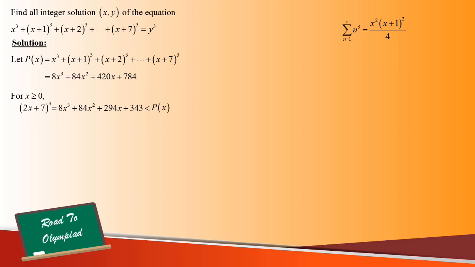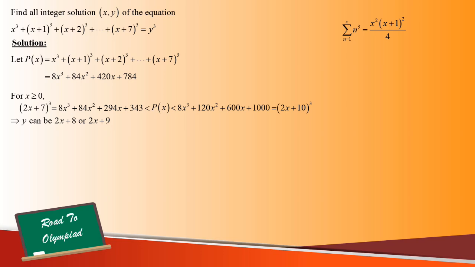Also, P(x) is smaller than (2x+10) cubed for the same reason. Since P(x) is between (2x+7) cubed and (2x+10) cubed, y can only be 2x+8 or 2x+9.